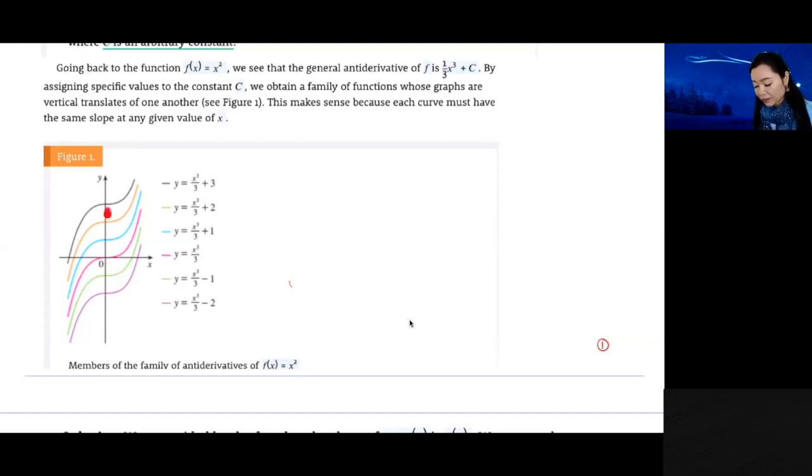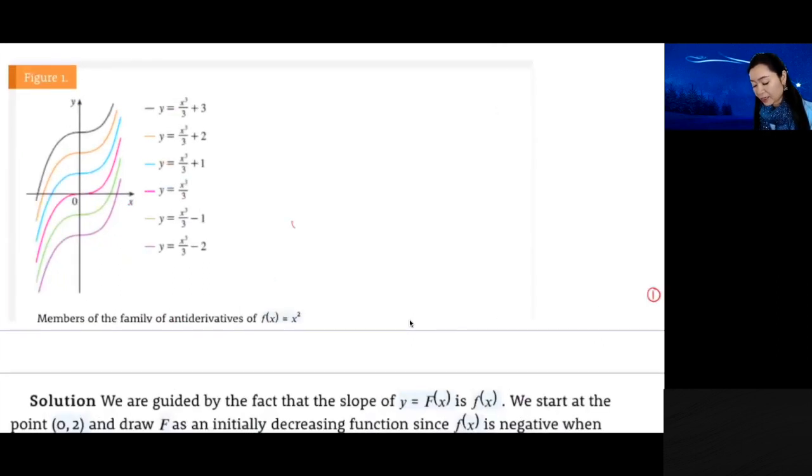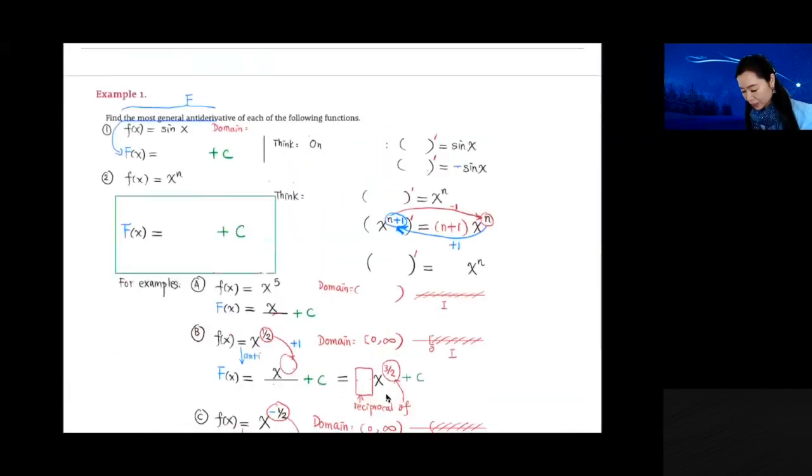All of them are shifted by a constant and all have the same derivative, which is x squared. Those are the members of the family of antiderivatives of x squared. They differ by a constant. The next page is page 2.